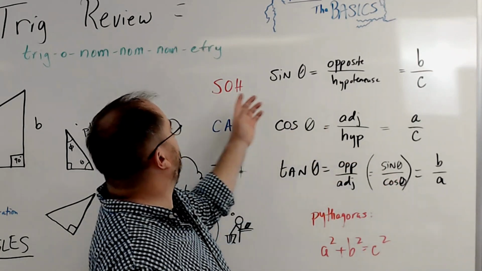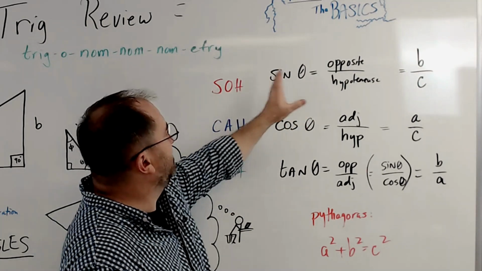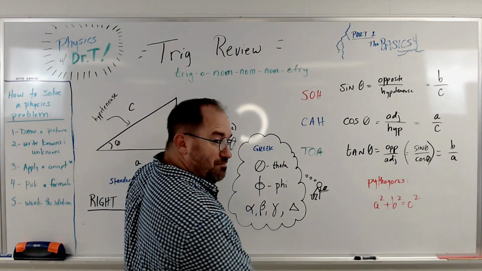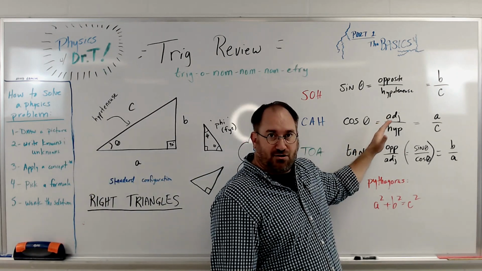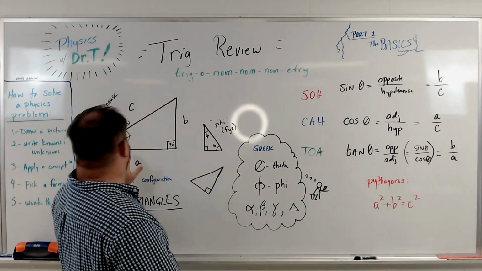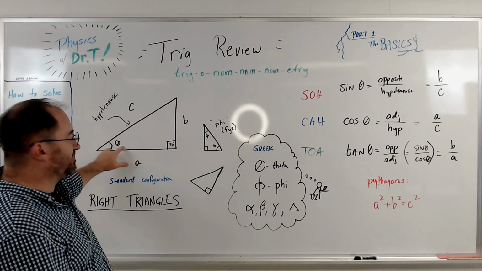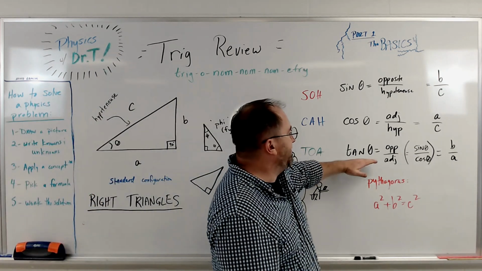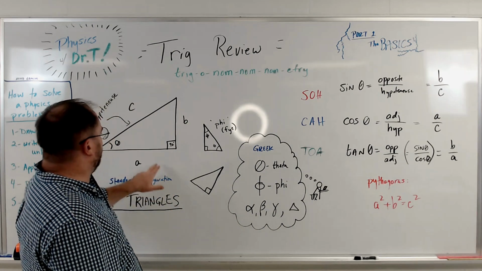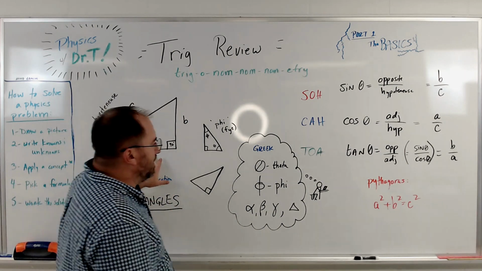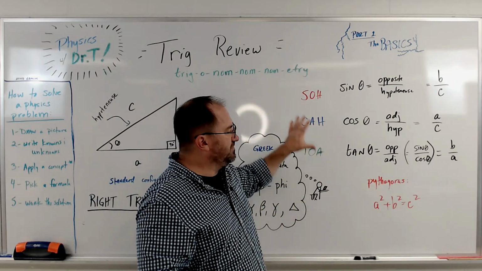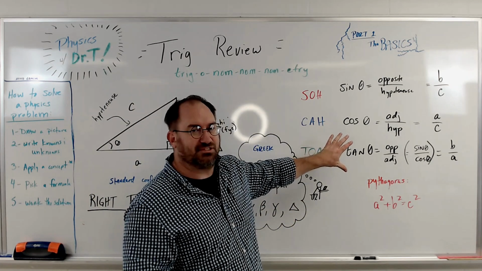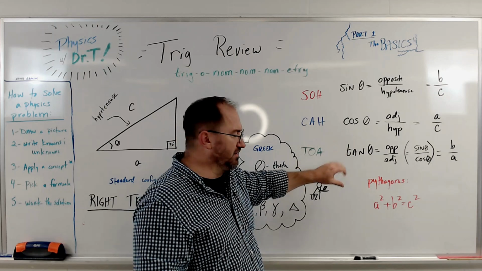So for sine, opposite over hypotenuse, it's B divided by C. And then adjacent over hypotenuse, that's A divided by C. Adjacent is the one that's touching the angle. And then tangent, B over A, the opposite over adjacent. So just some refresher on some of the stuff. This is the main bread and butter for the first several weeks.